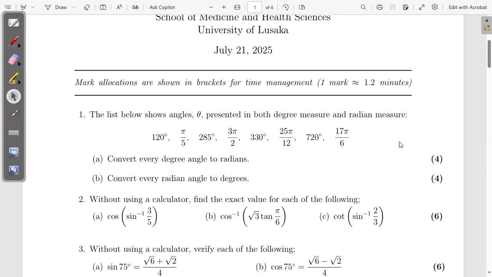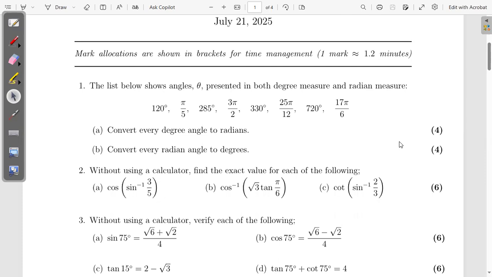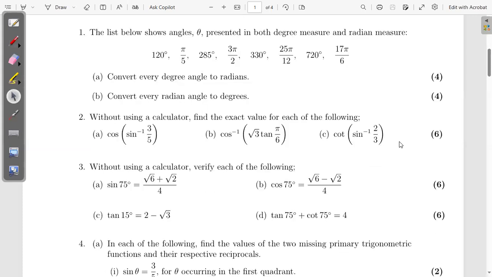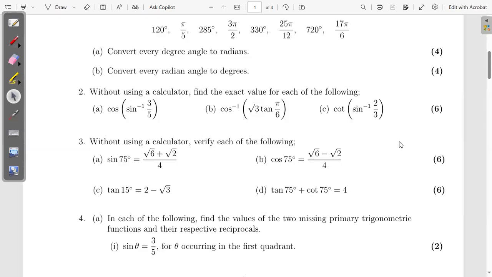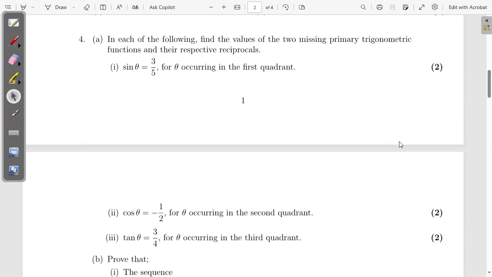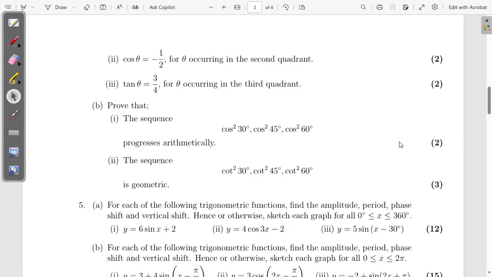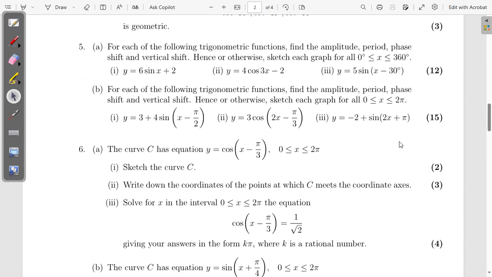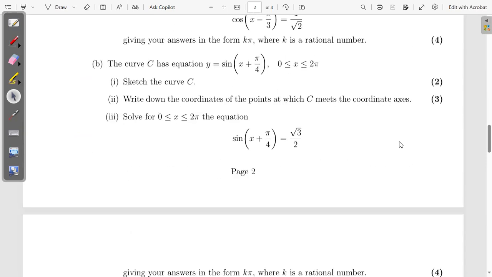The first one is on conversions from degrees to radians and radians to degrees. Then we have questions where we have to evaluate trig ratios without using a calculator. We have some sequences to prove on question 4, and then questions 5, 6, and even 7.